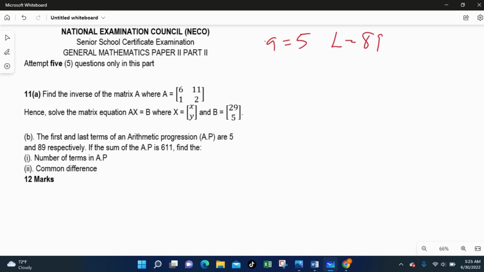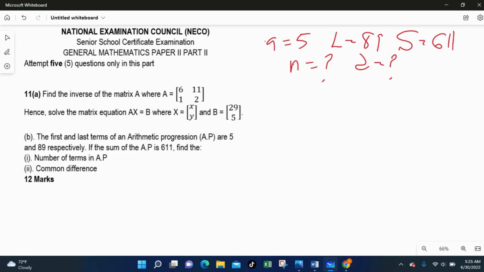And the sum of the arithmetic progression, S, is equal to 611. Notice that we are not given the number of terms, we're asked to look for it, and we're not given the common difference.